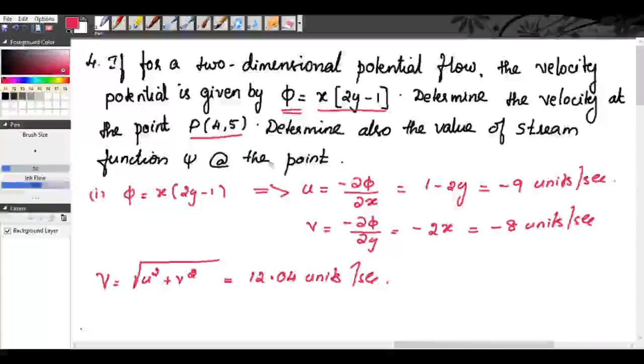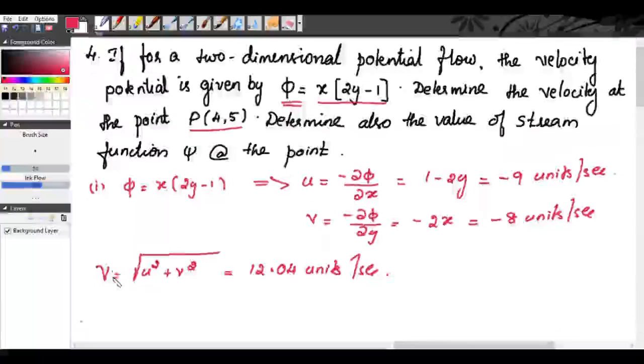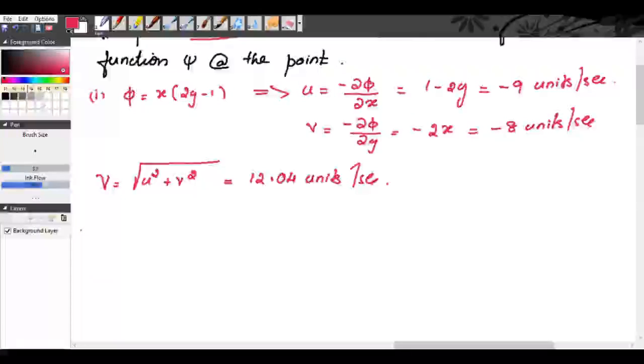Second part, you need to find the stream function also. So for finding the stream function, we will do it in detail. Okay, that is our second part. So now we know our stream function, that is dou psi by dou y is equal to minus u.